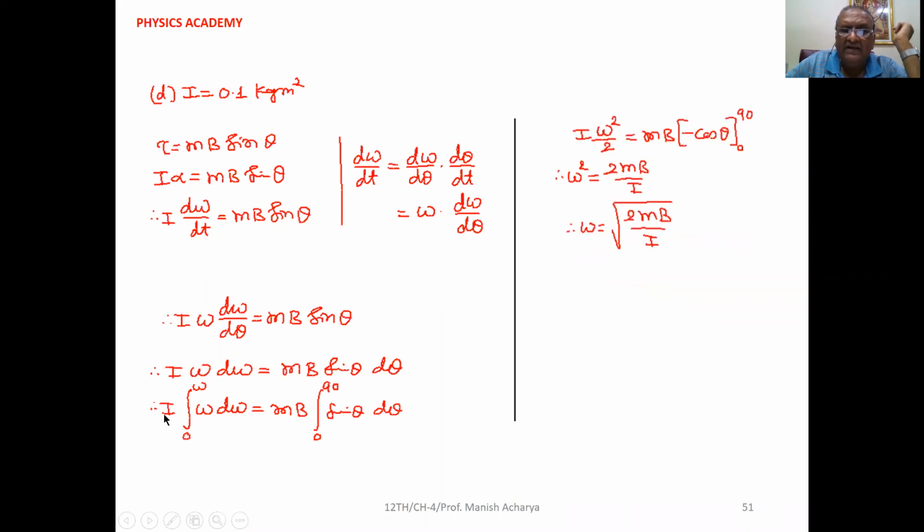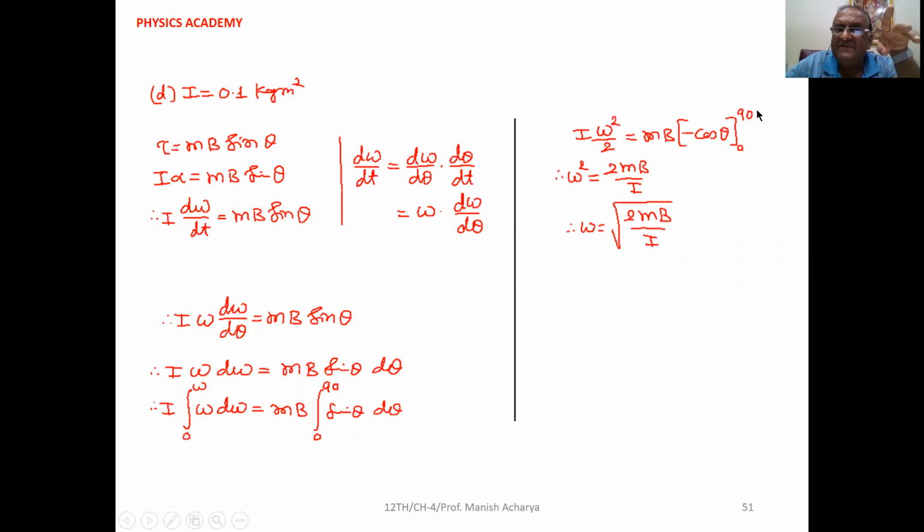Now I times the integration of omega d omega is omega square by 2, limits 0 to omega, so the answer will be I omega square by 2. On the right hand side, mB, integration of sine theta is minus cos theta. So if we substitute first the upper limit, minus cos 90 is 0. Then minus cos 0, so that is 1.